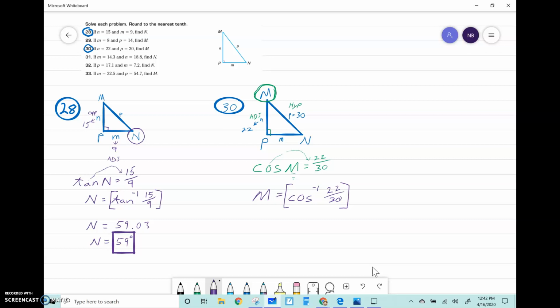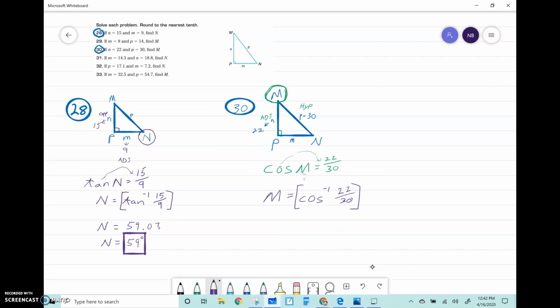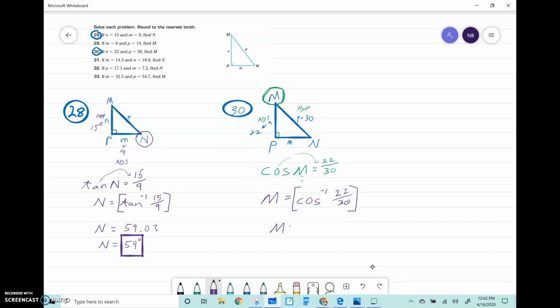I'm going to hit second, cosine, because that pulls up cosine -1, and then type that fraction in, 22 divided by 30, and hit equals, and I get M equals 42.83. Again we're rounding to the nearest tenth, so I get M equals 42.8. And that is how we find our angles.